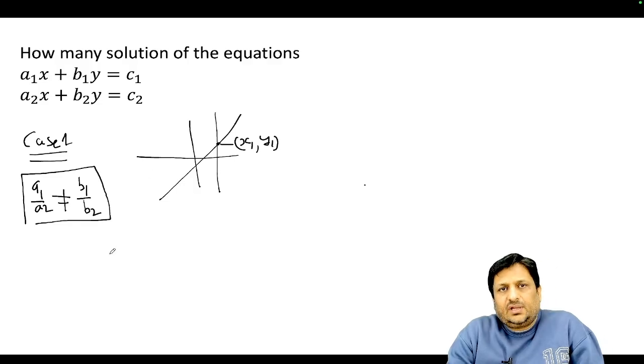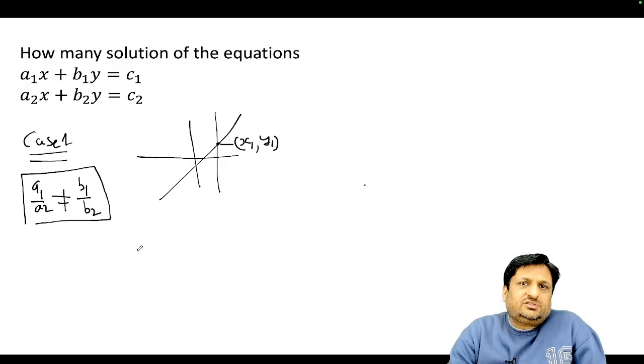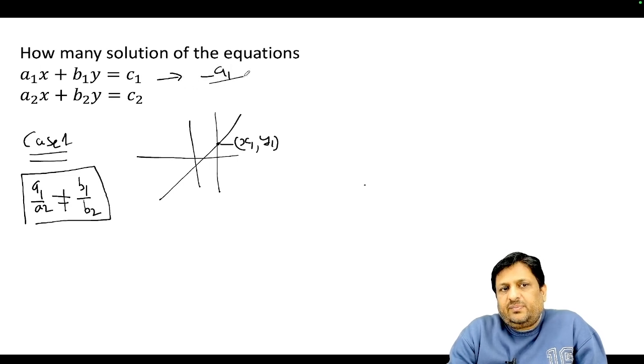Actually, here we are checking that the slopes of these two lines must be different. The formula for getting the slope of a line is minus coefficient of x divided by coefficient of y. So the slopes must not be equal.